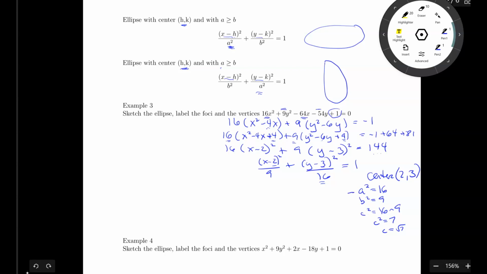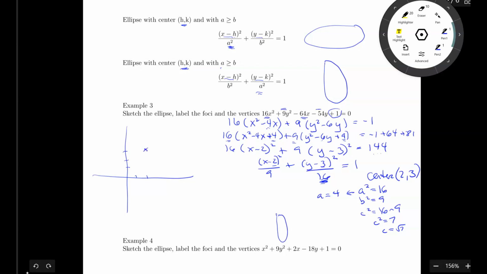Since a squared is 16, a is 4. Since the larger number is under the y value, it's going to be oblong this way. The center is (2, 3).